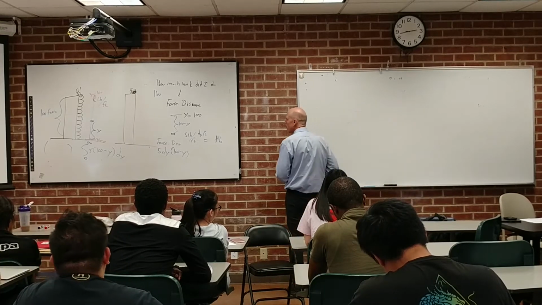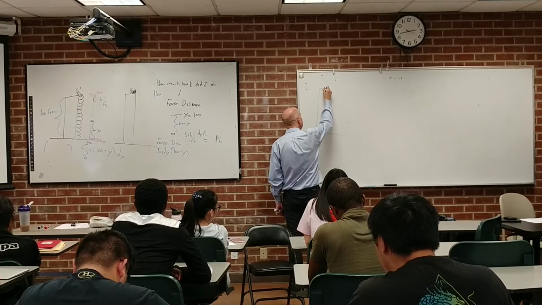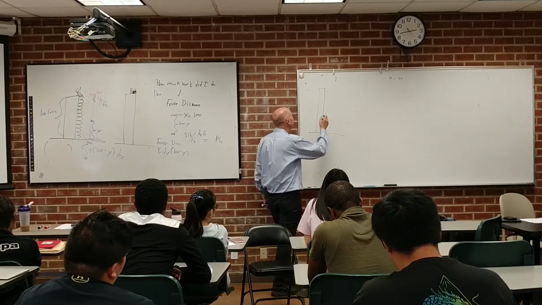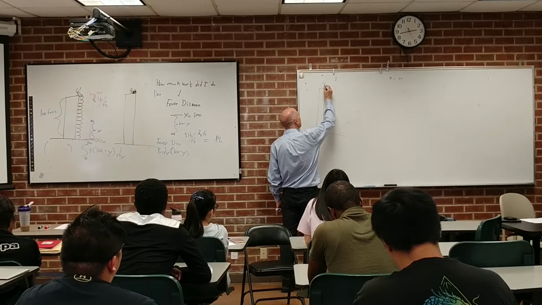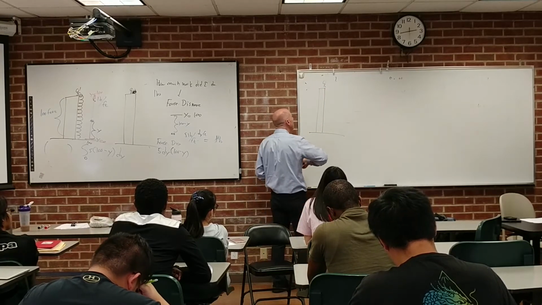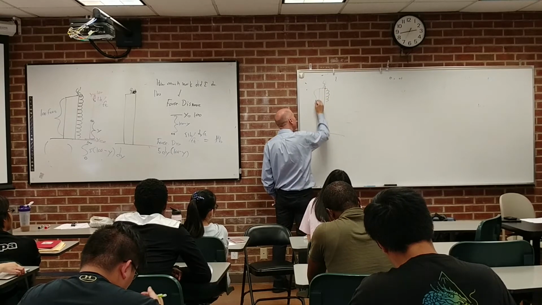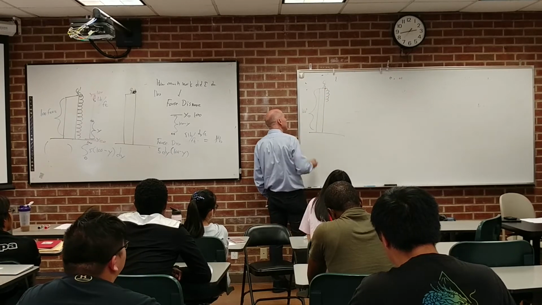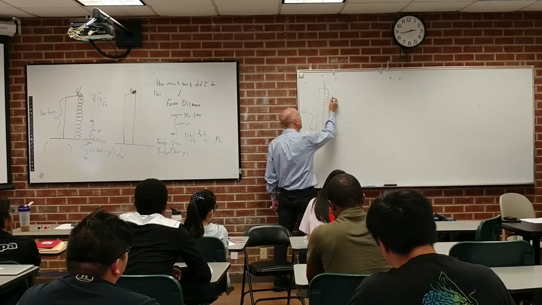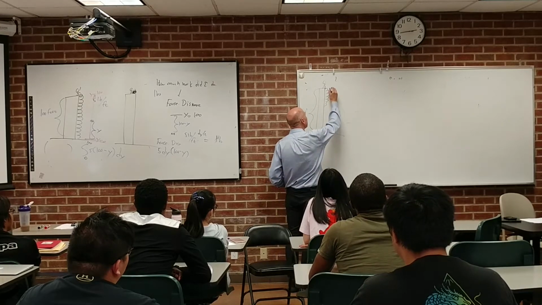So I'm going to give you a slightly different problem. I'm going to give you two problems, actually. So here's you on the top of the building. And the building is still 100 feet tall. But now you only have 30 feet of chain.